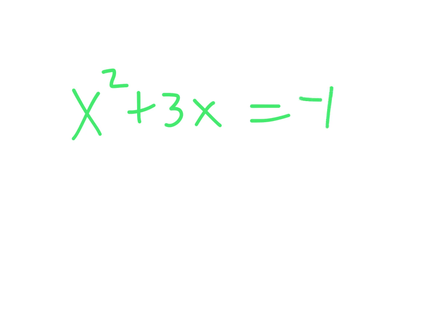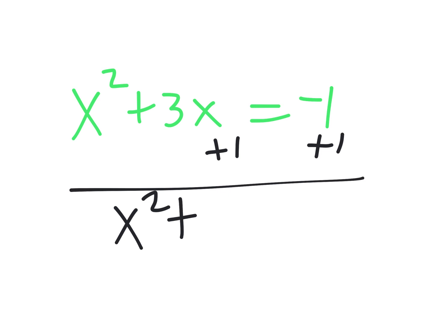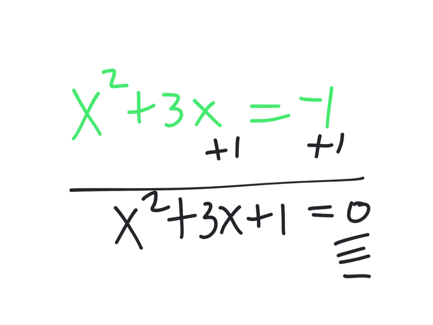The first thing you do is like, nope, you can't do that. So you add 1 to both sides. And you'll have x squared plus 3x plus 1 equals 0. You always set quadratics equal to 0. That's step number 1. Okay, then if you can factor it, you should. And you won't be able to factor it.